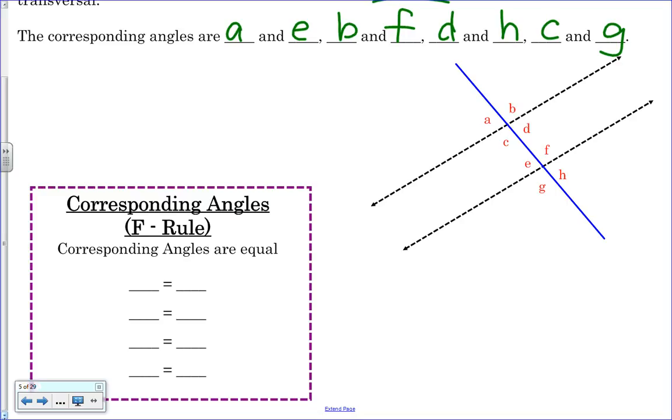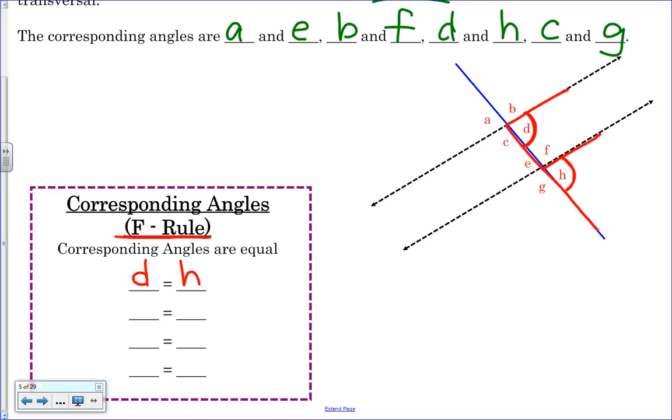So if I look at this one, we say corresponding angles, or as I like to call it, the F rule. If you look for an F somewhere in these parallel lines, you can see one right here. With that F, I've got the angle D and angle H. So that tells me right away that D and H are going to be exactly the same according to this F rule, or better termed as corresponding angles rule.